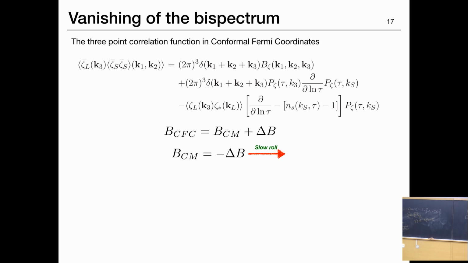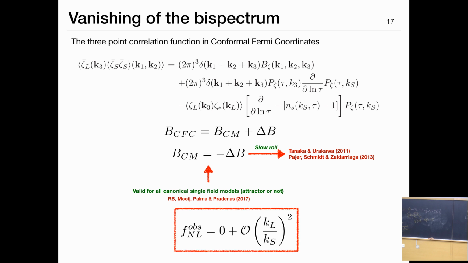This was known for the case of slow roll inflation by Maldacena, but now we can generalize the result to the case of ultra slow roll inflation. So what we say is the observable local FNL is equal to 0 up to corrections of higher order, which are negligible.